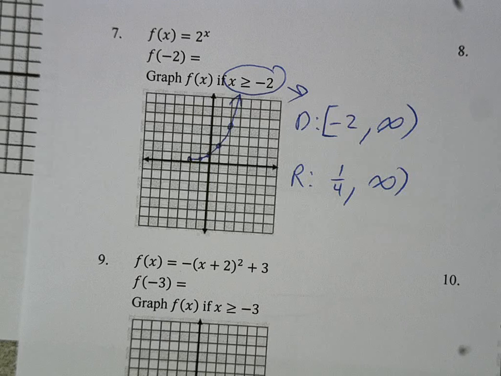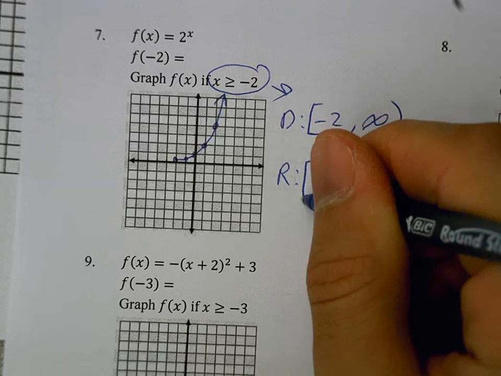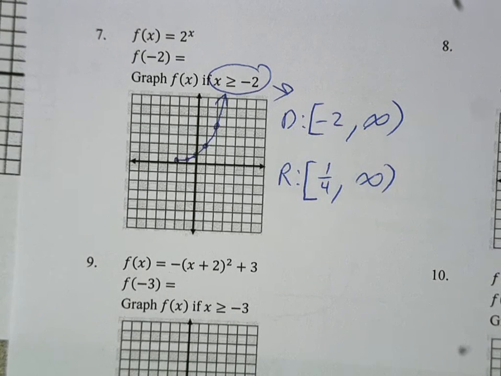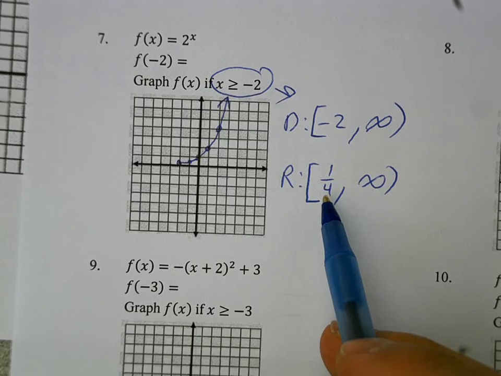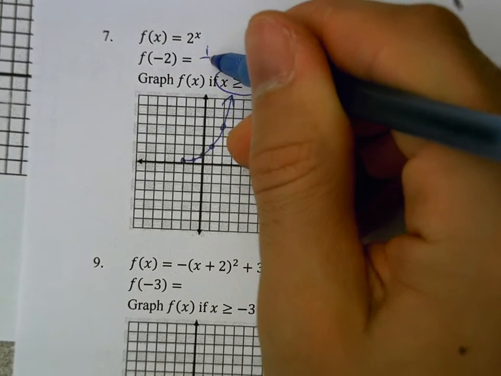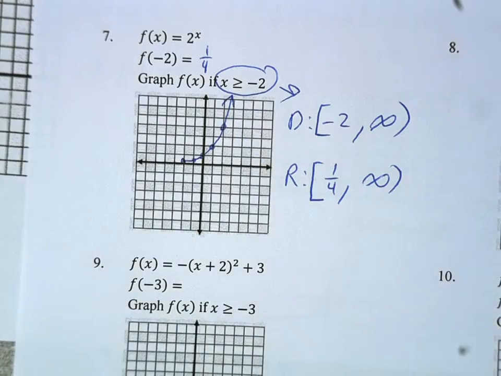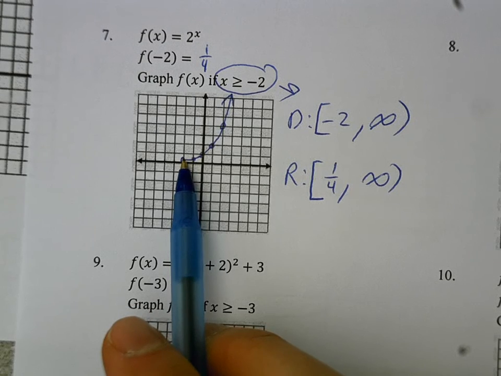It can come up. But most of them will be nice whole numbers. So again, essentially, this is just from f of -2 equals 1/4. That's our lowest point on the graph, and we have the rest of the graph there.